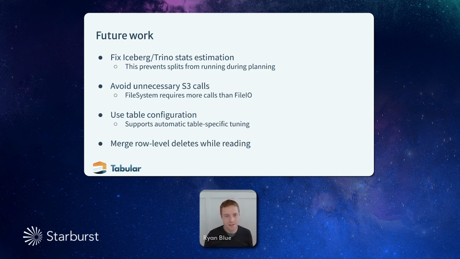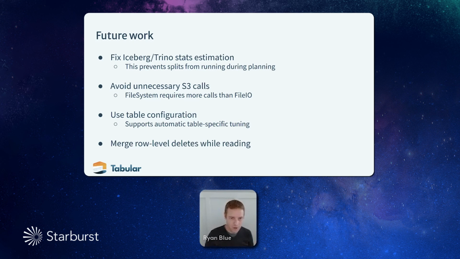The last thing, or there are two more, but the last big one is we want to get Trino using table level configuration. So rather than specifying in the connector, I want to write everything as Parquet, we know that there are a lot of things that should be tuned per table.